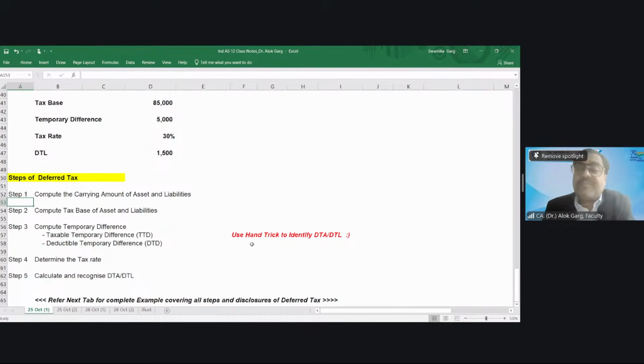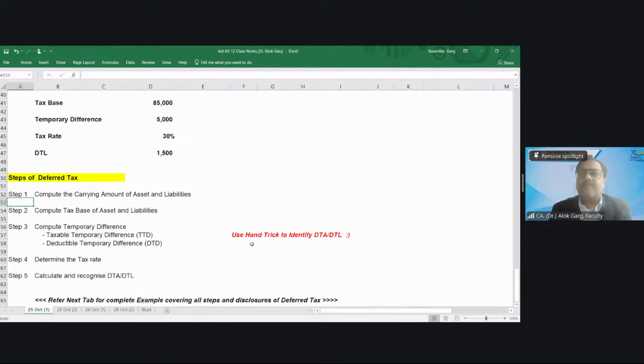The life of the building is 20 years. Under income tax provisions, depreciation on the building can be charged at the rate of 15% per annum.